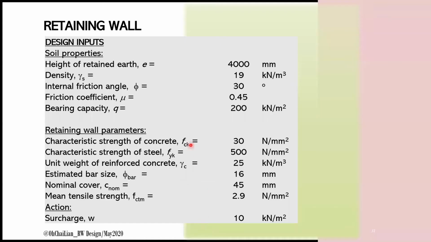These are the design inputs for a retaining wall. Soil parameters such as height of retained earth, density, internal friction angle, friction coefficient, bearing capacity, and retaining wall parameters such as characteristic strength of concrete and steel, unit weight of reinforced concrete, estimated bar size, nominal cover, mean tensile strength, and the action surcharge.